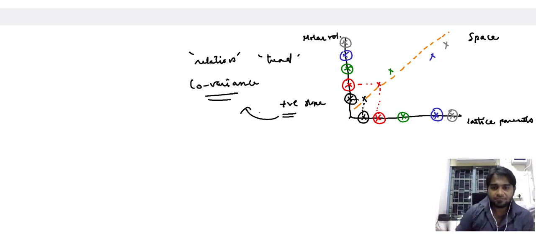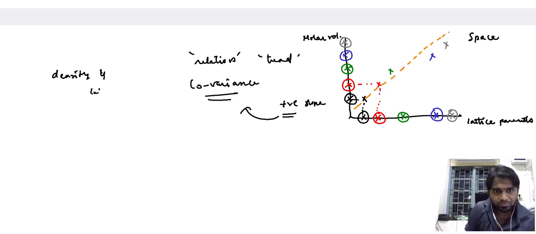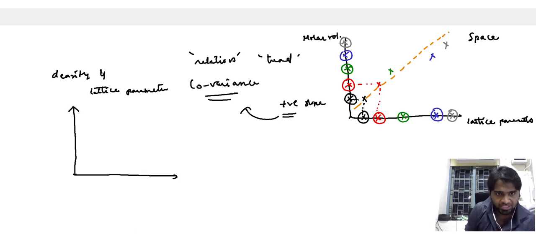Now if we reverse the situation, it is also possible for us to measure two different independent variables. For instance, it is possible for us to measure, say, density and lattice parameter. So when we measure density and lattice parameter, again similar to that representation, we are creating a space with scales perpendicular to one another.